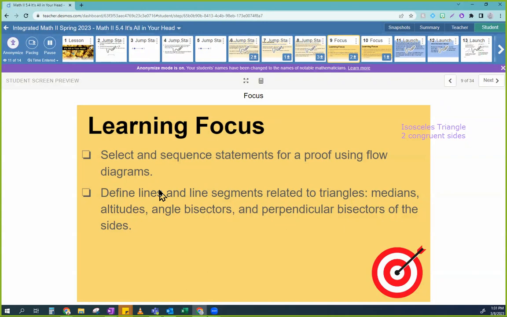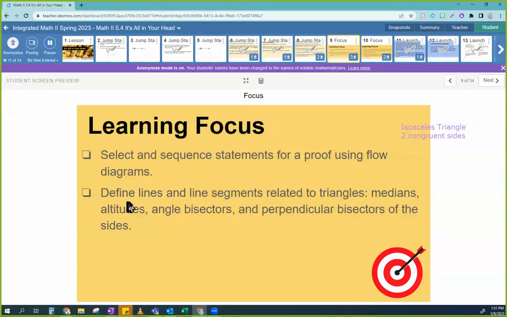Maybe your teacher had you do that web, like the bubbles, like here's the main idea, here's the first argument, here's the second argument, and then here's a detail off that argument. Yeah, there's different tools that your teacher did to help you be a better writer today, right? Maybe you did an outline, whatever the case might be. So this is going to be a helper for you to write your proofs.